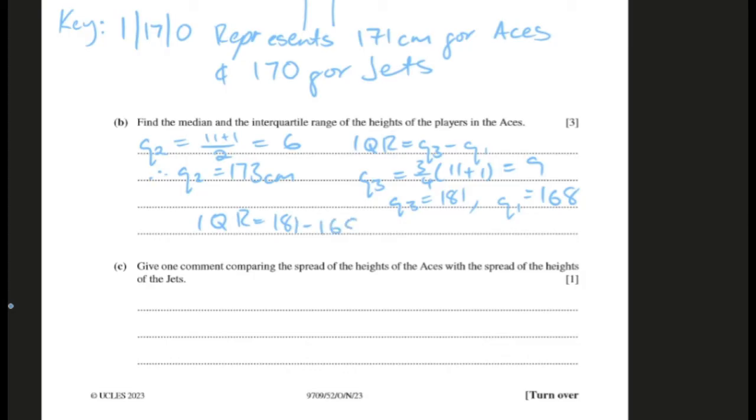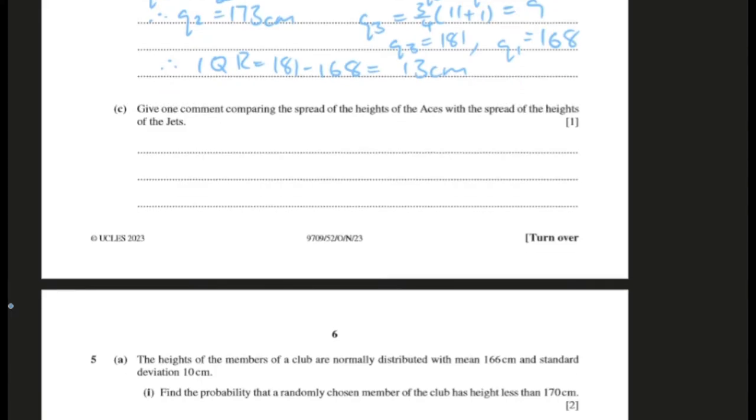Part C. Give one comment comparing the spread of the heights of the Aces with the spread of the heights of the Jets. Let's look at our stem and leaf diagram again.